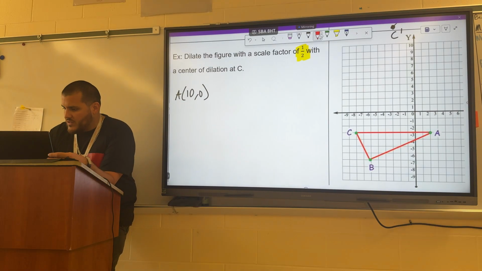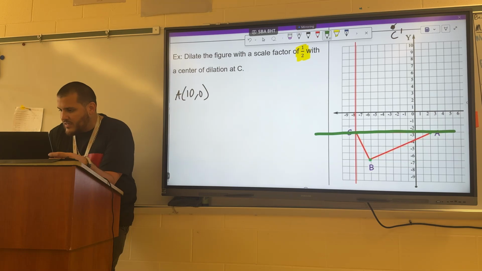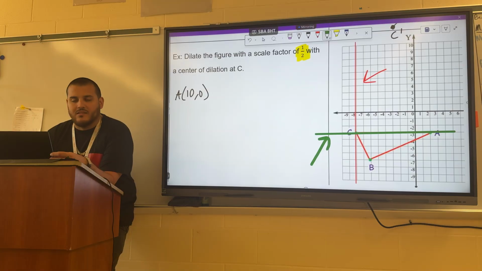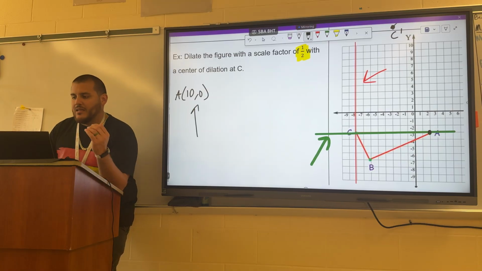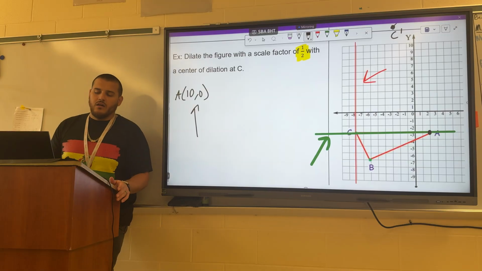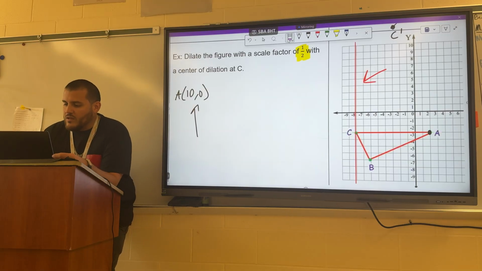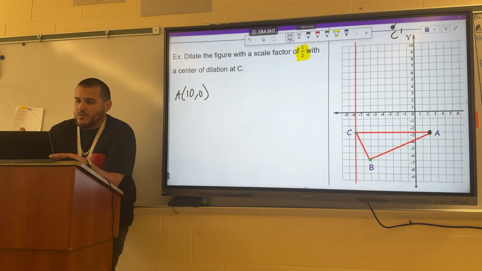If you're struggling a little with this concept, let me do this for you. If we're pretending that C is the origin, then that means we're pretending now that this is the y-axis and this is the x-axis. Then that point A now would be located here at 10, 0. It's 10 to the right of the origin. Once we've determined that, we can multiply by that scale factor of 1/2 to get to A prime.